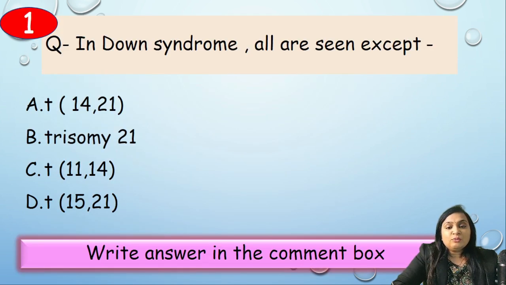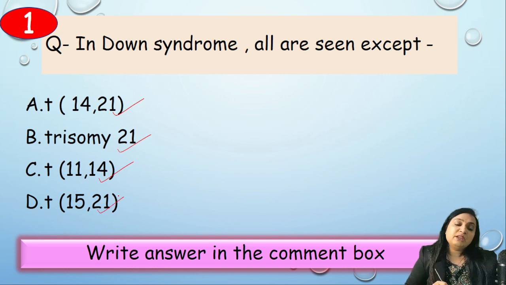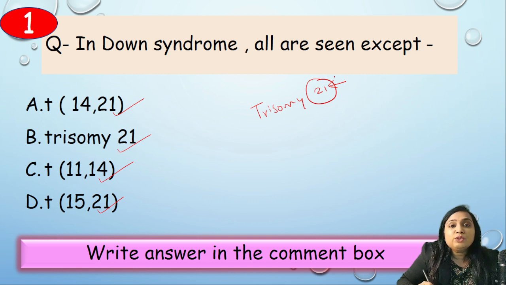So in Down syndrome, all are seen except: T1421, trisomy 21, T1114, or translocation 1521. We all know that it is trisomy 21, so one extra chromosome 21 is causing all kinds of problems. So yes, it could be T1421. Yes, this is correct.